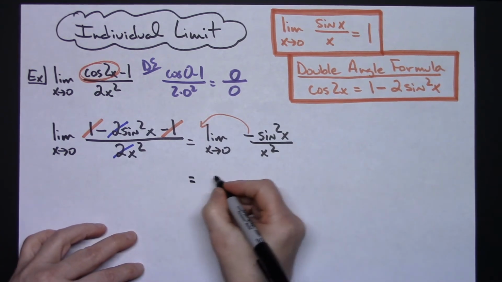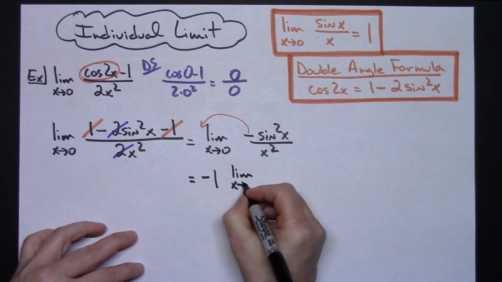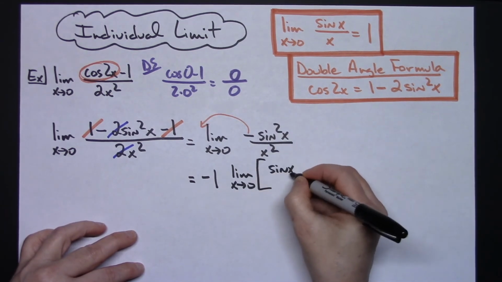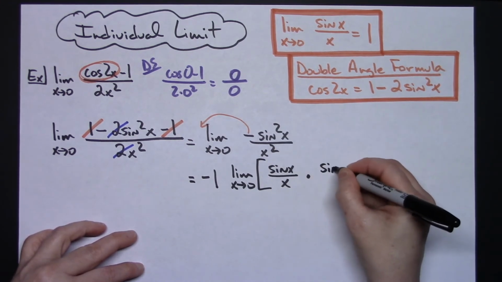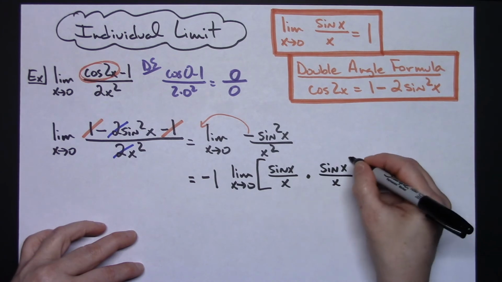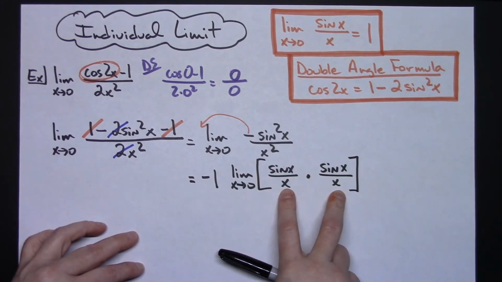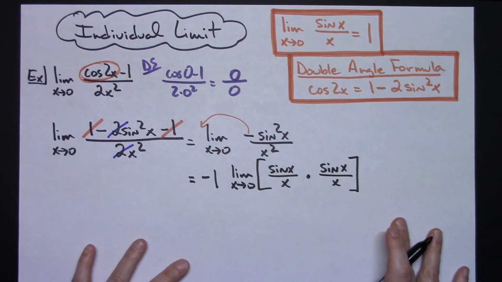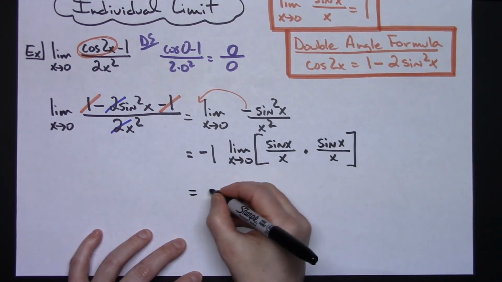So I'm going to have a negative 1 times the limit as x approaches 0 of one of those sine x's over one of the x's on the bottom, and then the other sine x over the other x. As long as I can take a rational expression and break it up into two things that multiply to that rational expression, I have algebraically maneuvered that problem in an accurate way.